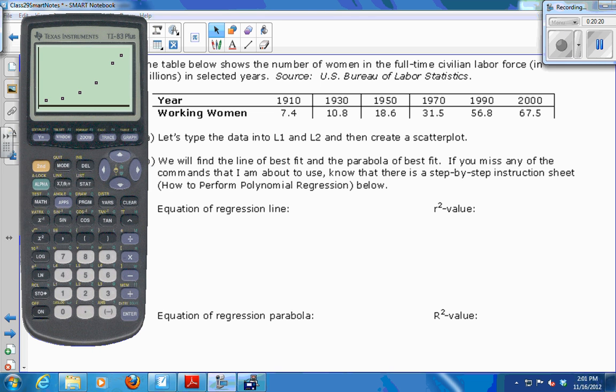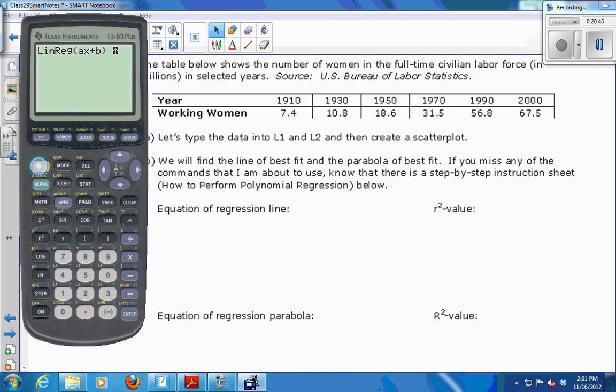Okay, so the next thing I want to do is I'm just going to do a regression line, the old thing that we already learned. Okay, I'm going to find the line of best fit, the equation for the line of best fit. So I'm going to quit out of the graph, go back to the home screen. And to get the regression line, you go to Stat, use the right arrow key to cursor over to the Calculate menu, and you choose option 4, linreg.